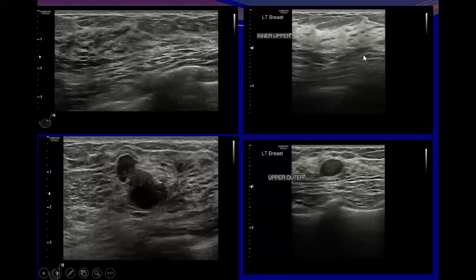As you have seen here, I can see from the skin down to the pectoralis muscle. This is the focal zone here in the middle.